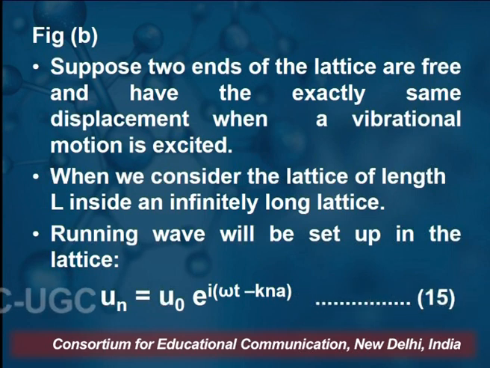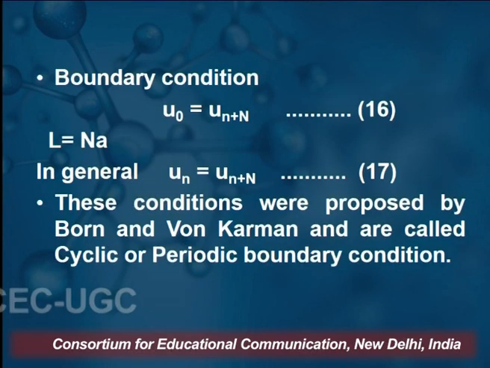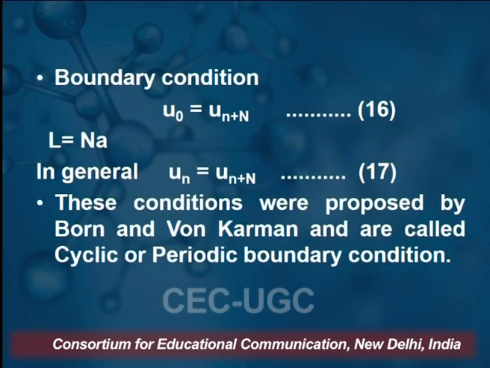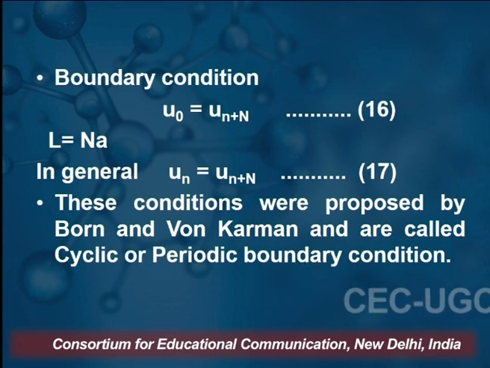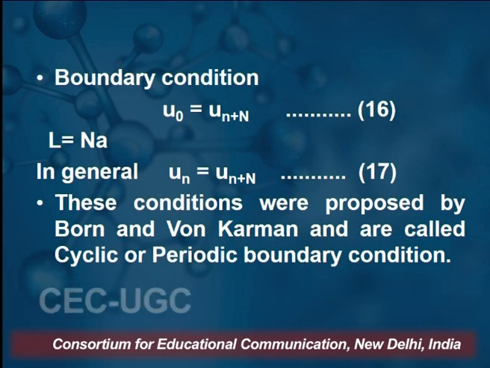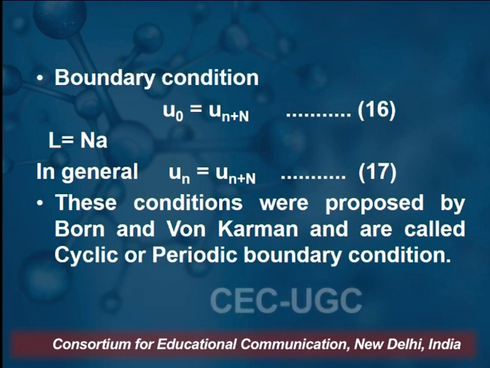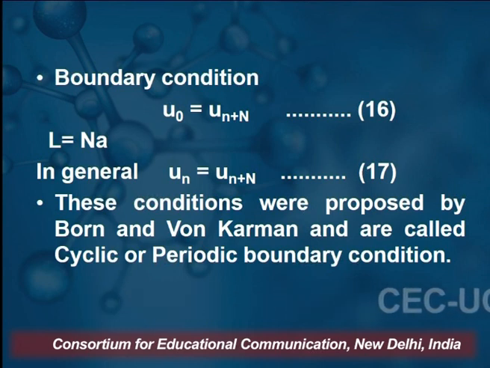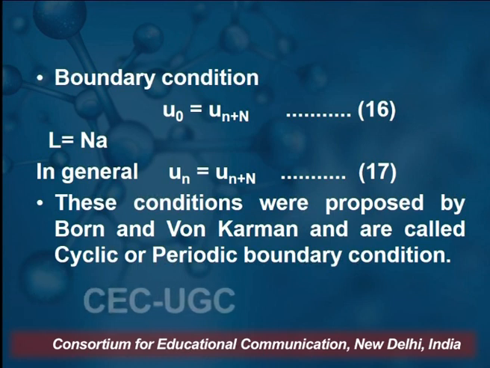Then a running wave will be set up in the lattice. Un will be u naught e to the power of i omega t minus k Na. The boundary condition is that the 0th atom and the Nth atom are the same. That means u0 will be equal to uN. La, the length I am considering, is equal to Na.